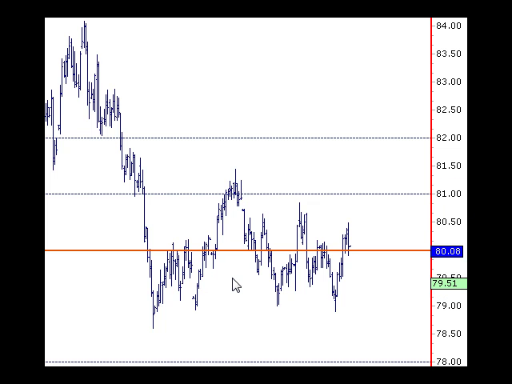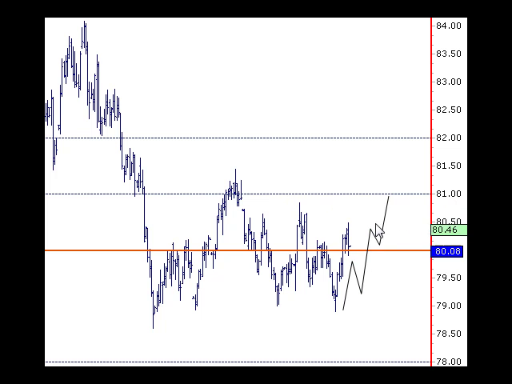This can be counted as a bit of a triangle, but I also like to see it as a complex ABC really, in terms of an A wave in 3 waves, the B wave here basically in 3 waves as well, and then that would leave the C wave here in 5 waves to the upside, probably covering this little gap in here that hasn't been covered.